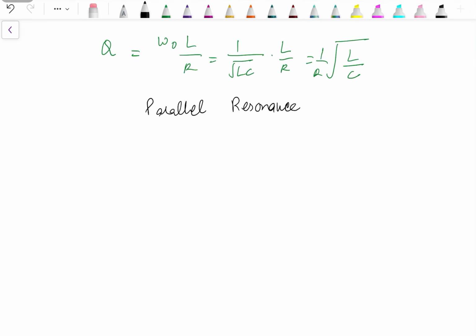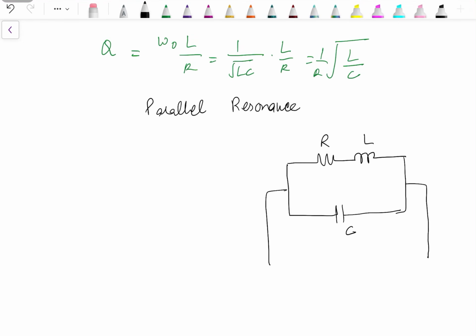Now in order to understand the parallel resonance, let's take the example of a practical parallel circuit where we have an RL branch, a series combination of resistance and inductance, or we can say we have a coil which is connected in parallel with a capacitor of value C, and these are connected across a voltage source having value V. Current through the circuit is I, and then we have this branch having current I1 and this one is having value I2.